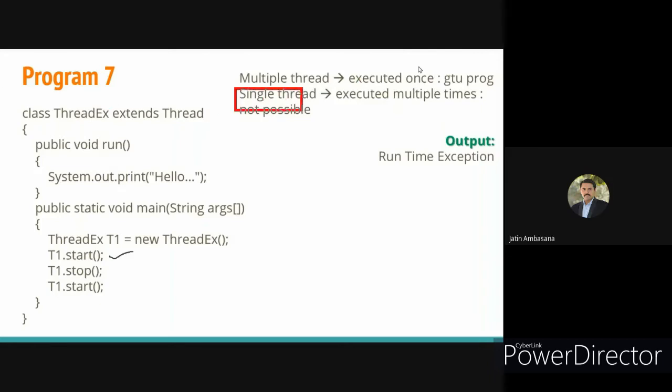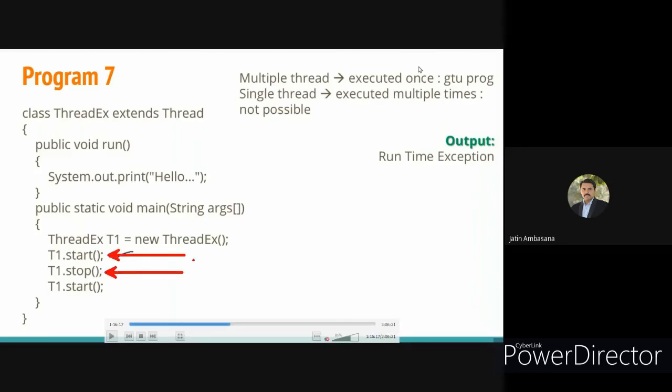But if a single thread is there, then it's not possible to execute it multiple times. So if a single thread is executed multiple times, it gives you a runtime exception. Because here you are starting the thread, you stopped it, so that thread's life has ended. Now, if you again try to start it, this will throw a runtime exception.